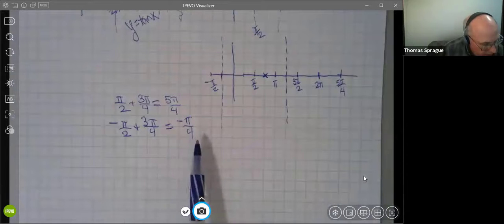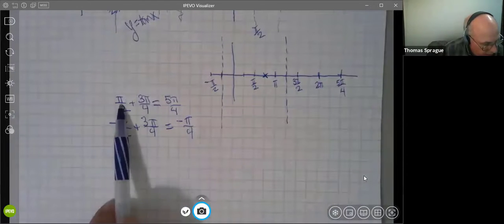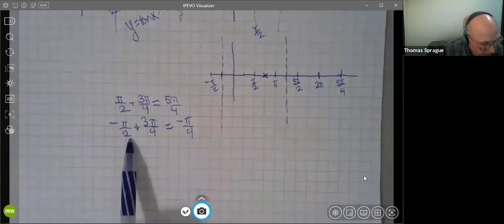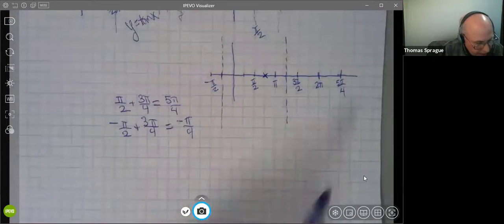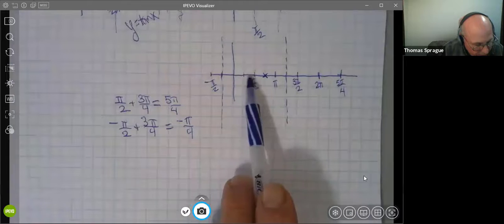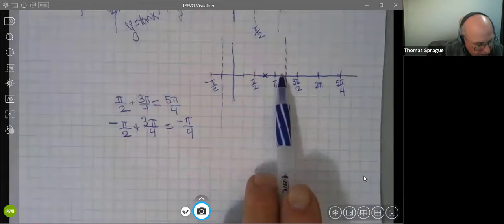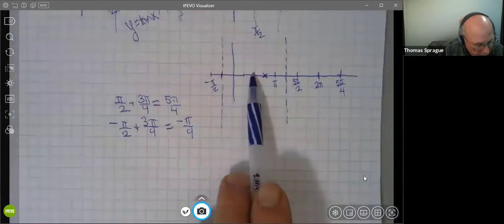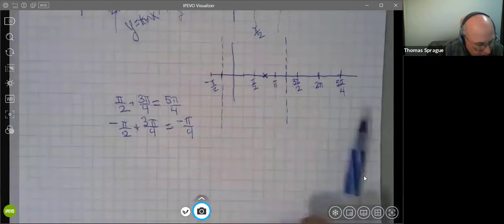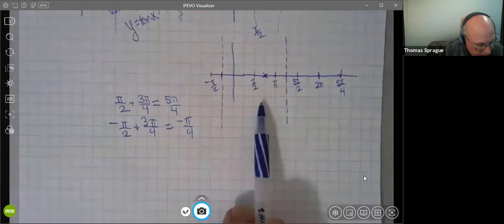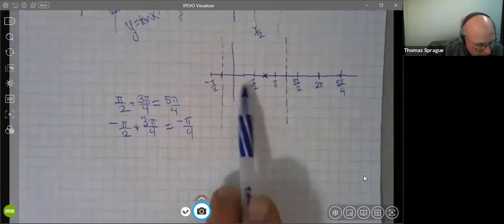And let's see. And the distance between these is pi. 1, 2, 3, 4. I think my scale went nuts here. What happened?